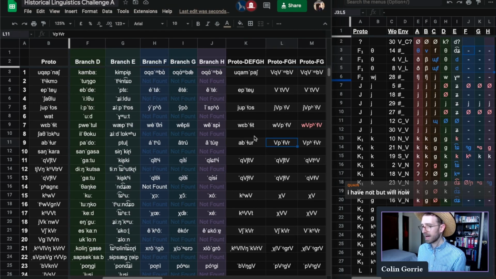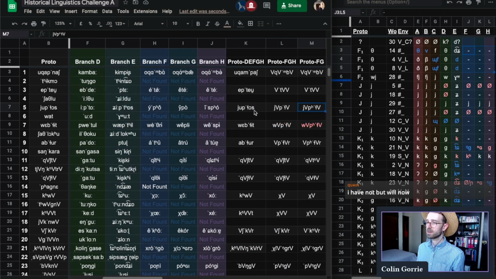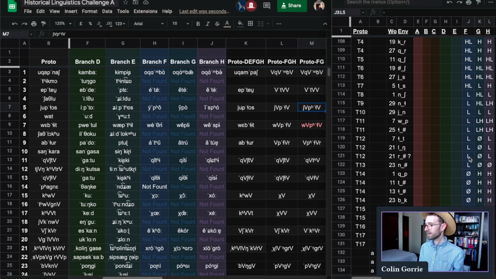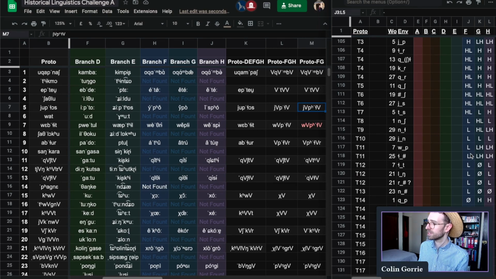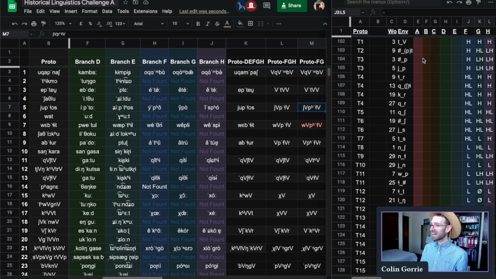So now we have to make some decisions about tone. Let's look at the correspondences for tone, which I have finished. There are 17 unique combinations of tones in FGH, including toneless vowels. I'm not sure what no tone marking indicates, but I've taken it to mean toneless or mid-tone or something.